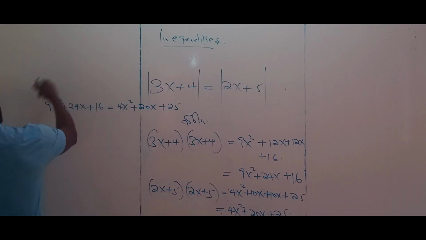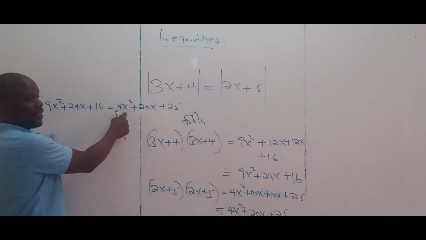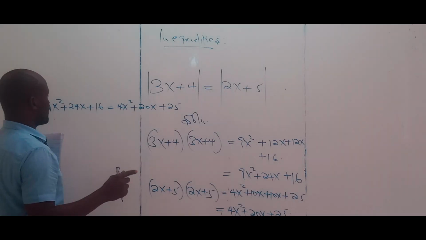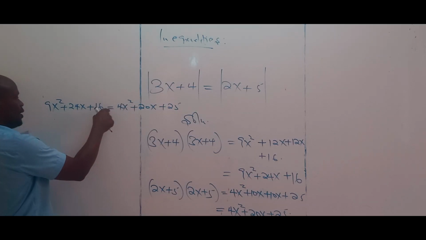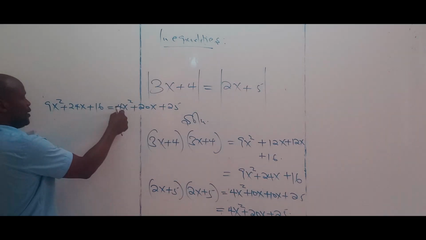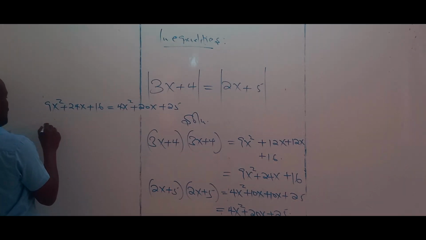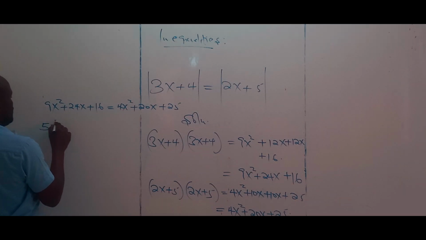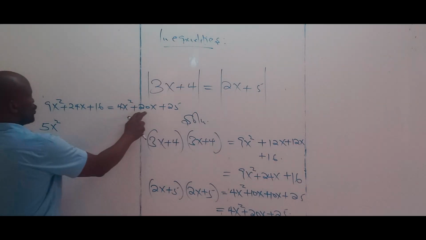So we can bring the 4x squared this end. So 9x squared minus 4x squared should give us 5x squared. And that is so because when this crosses this equal sign, it becomes a negative. Then again, I have 24x and 20x.